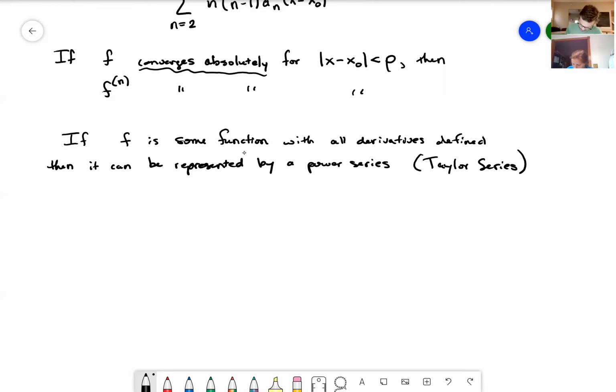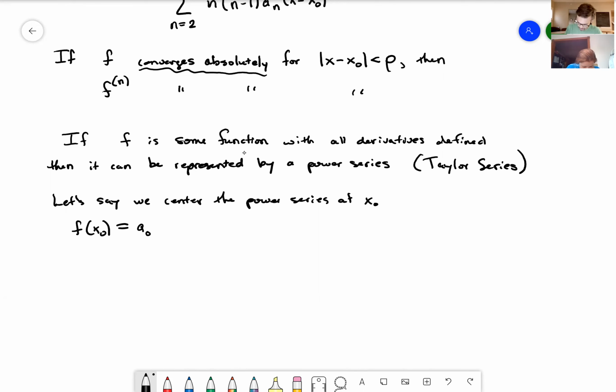So if we know where we want the power series to be centered, let's say we center the power series at x0. Then if we plug in x0 and try to determine what the power series would be, it will be represented by some power series.